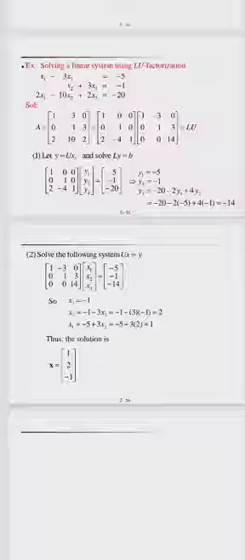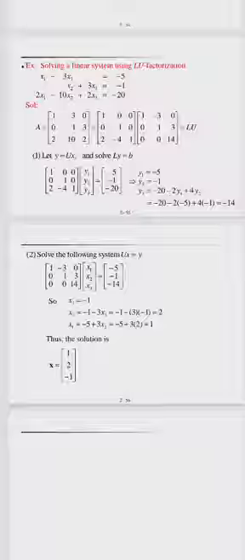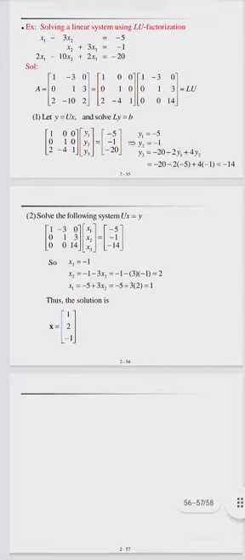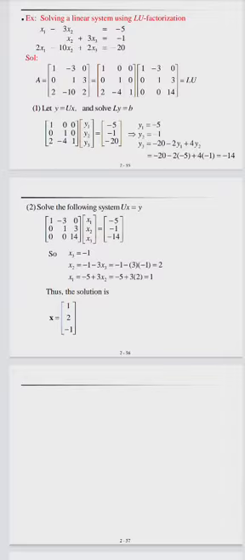Next, write the first row equation: 1x1 - 3x2 + 0x3 = -5. Substitute the x2 value: x1 = -5 + 3x2 = -5 + 3 times 2, and the answer is 1.